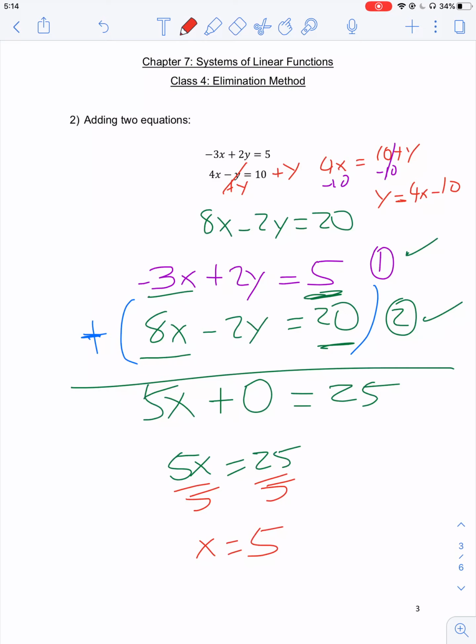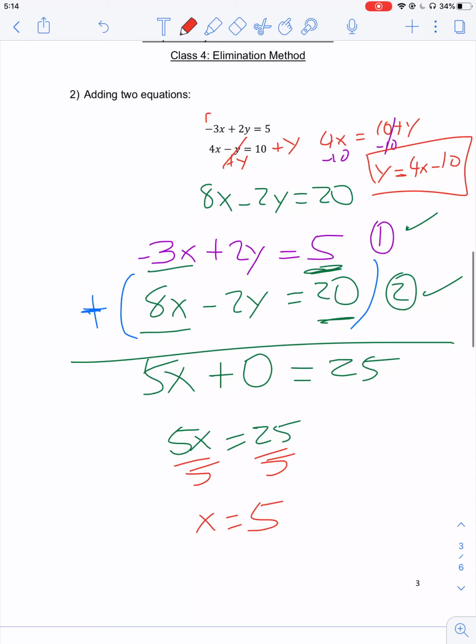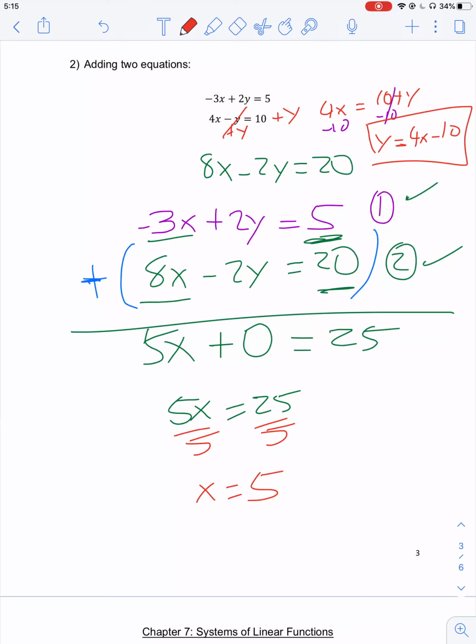Okay, and then using this information, again, I could have solved for y in the other equation, but it would have been longer because I would have to divide by 2 at some point. Okay, because I need to get rid of that coefficient, so that's why I didn't use that. But anyway, using this red box, I'm going to figure out what the y value is going to be.